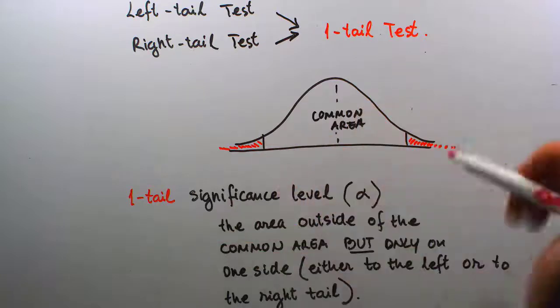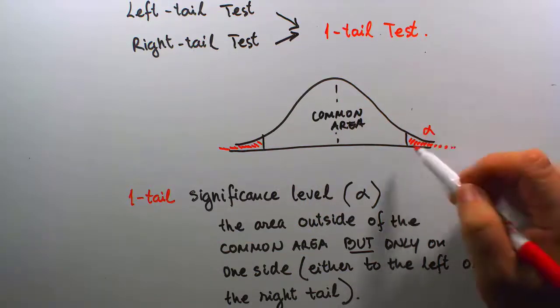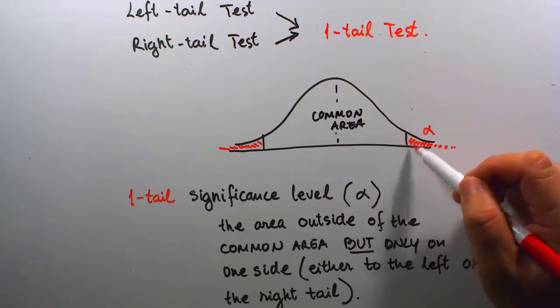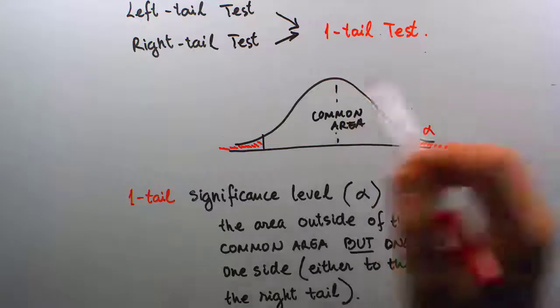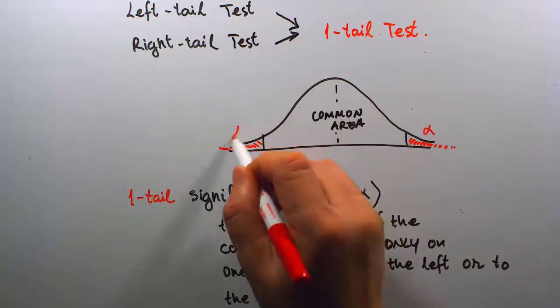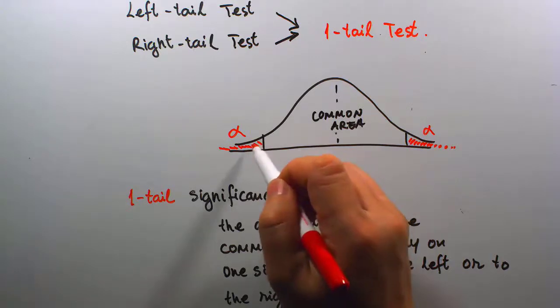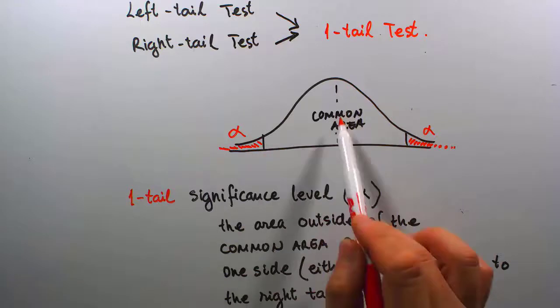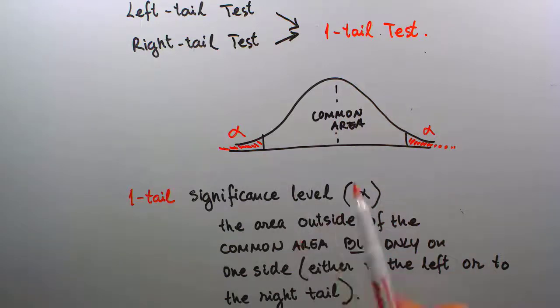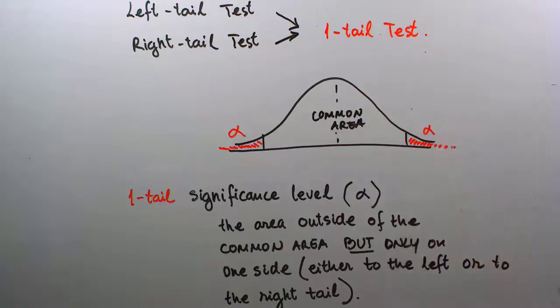On any bell curve, the significance level is how big that little tail to the right-hand side outside of the common area is, or here's another amount of being alpha, how big that little tail area to the left outside of our common area is. So there's an alpha value here and there's an alpha value there, and that's what it means by being a one-tail significance level.